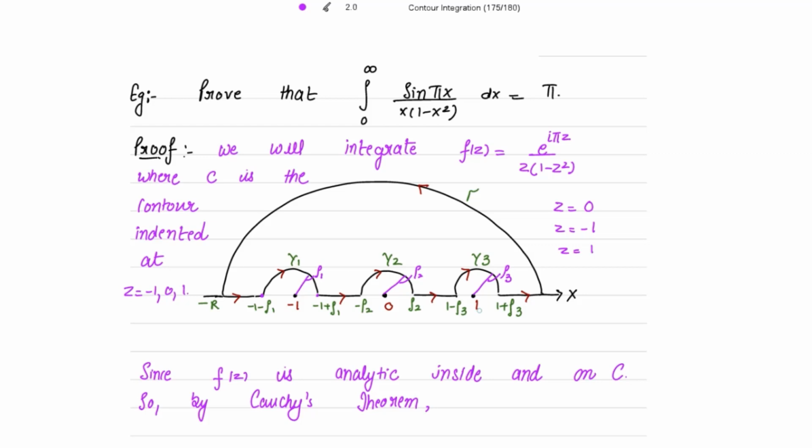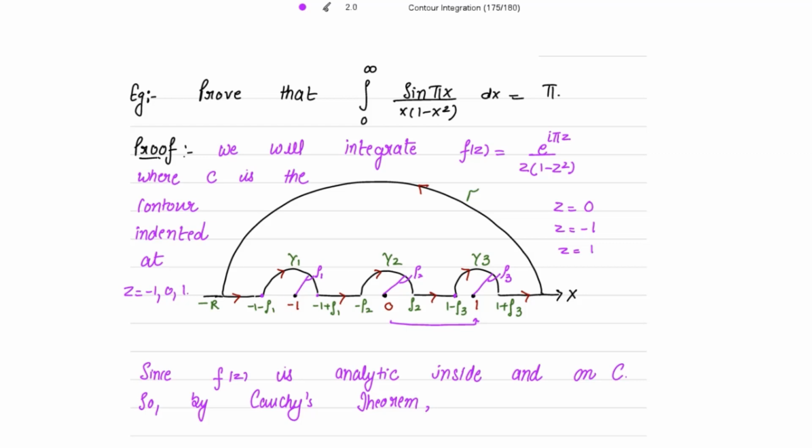So here I'm having 1. This complete length is 1, so I have to deduct the radius rho 3. So this point will be 1 minus rho 3, and this point will be 1 plus rho 3. Similar is the case with -1 also. So make sure of all these points.